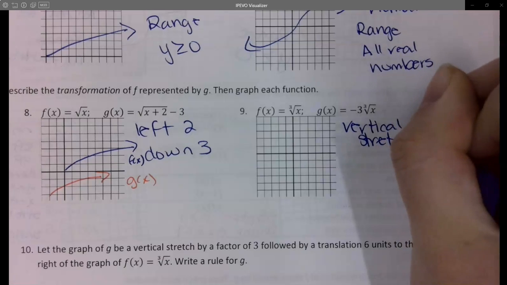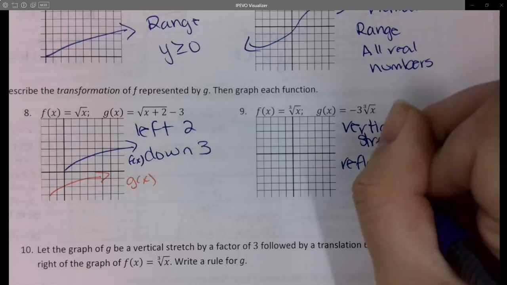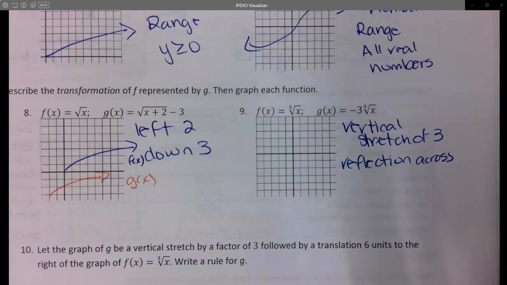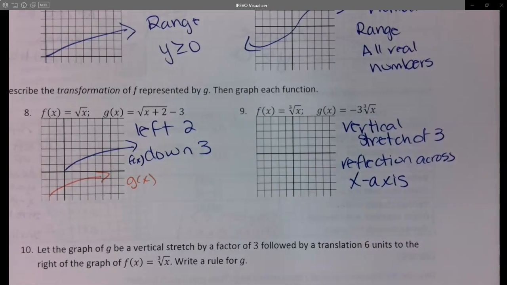Is it Y? Okay. So then I want to go ahead and graph this.